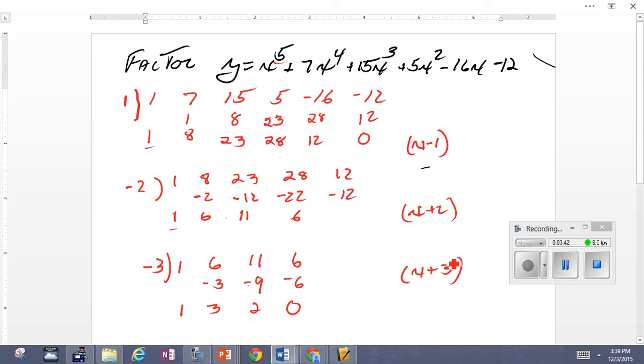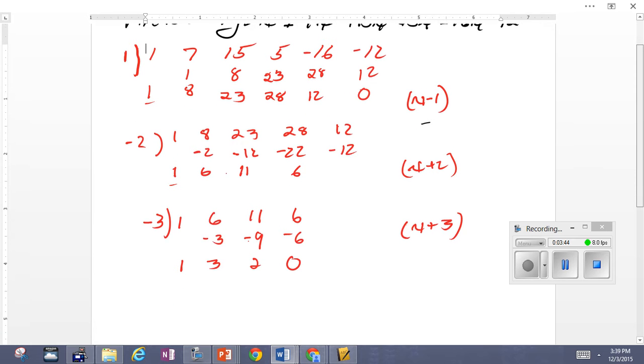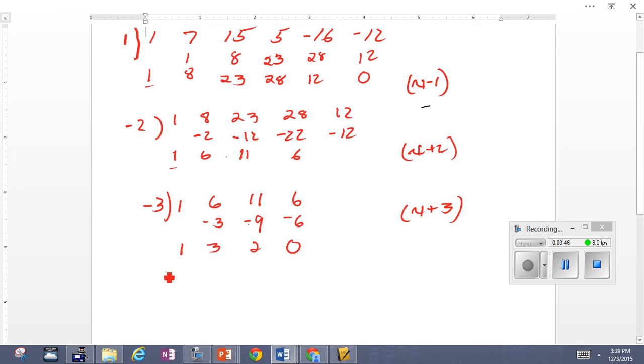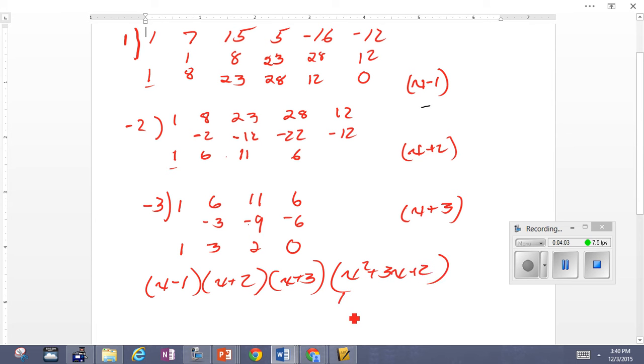Okay, so look, I'm just about done inside of 4 minutes on this. This expression is going to factor as x minus 1, x plus 2, x plus 3, and then the quadratic x squared plus 3x plus 2, which of course will factor as x plus 1 and x plus 2.